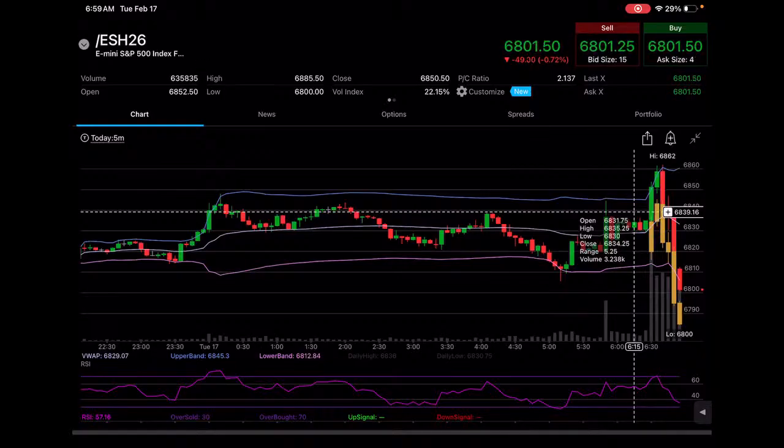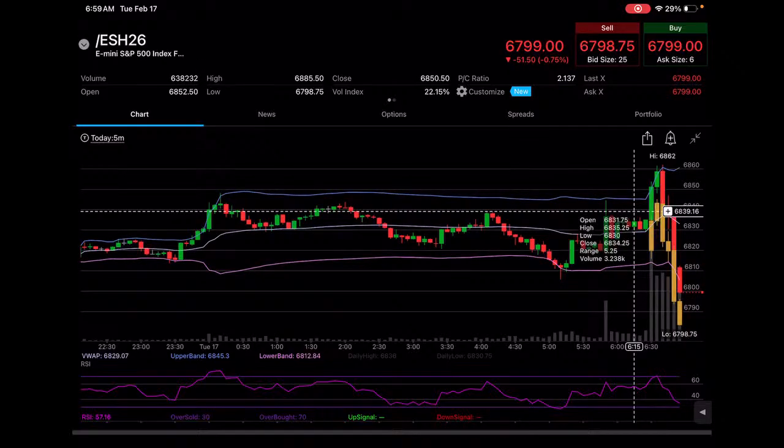Okay, so as you recall, I said that we were going to be on the safer side today. So we have our puts, and we are going to look at the 6760 level. That's way down there, but again, that's on the safer side, and we're subject to get 50% on this first trade if we do place it at 6760-ish. Let's see what's going on at the 6760 level.